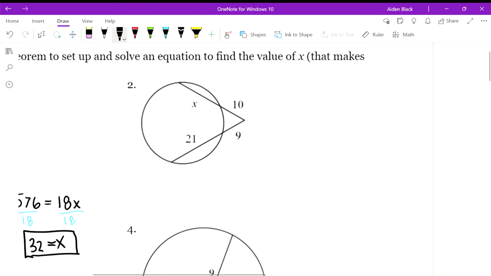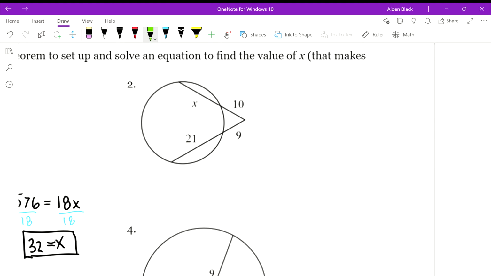You'll notice on this second problem, we have a secant segment and a secant segment.